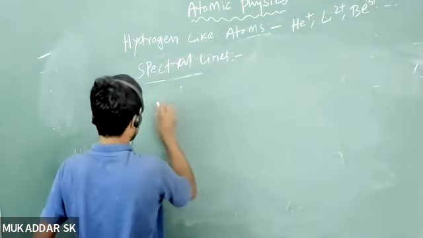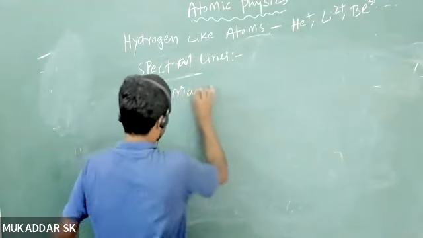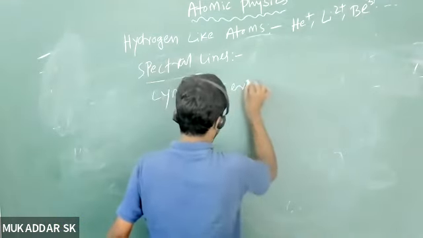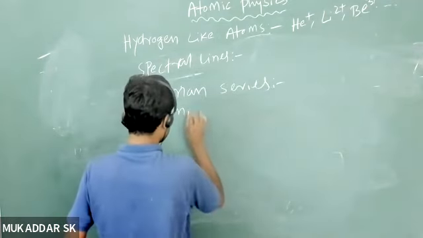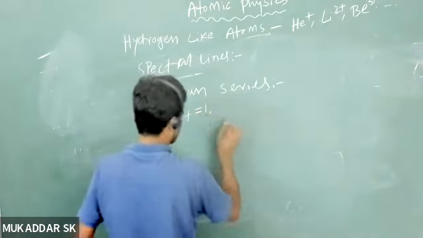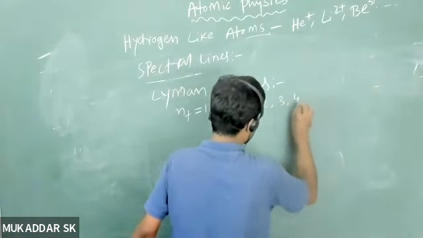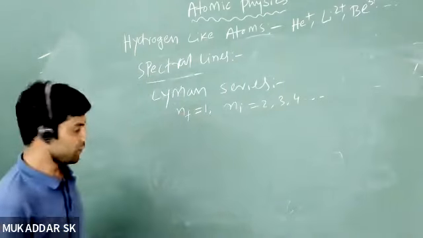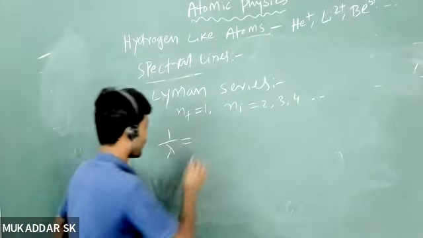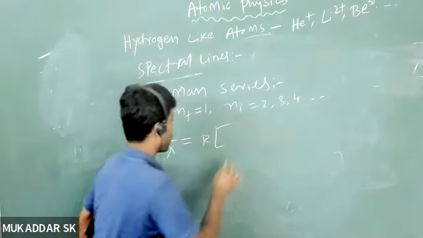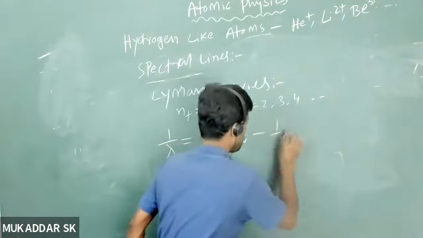So 1 by lambda for Lyman series, if you remember, NF was how much? 1, and Ni can be 2, 3, 4, and so on. What does it mean? It means 1 by lambda for hydrogen atom will be R times 1 by 1 square minus 1 by Ni square.